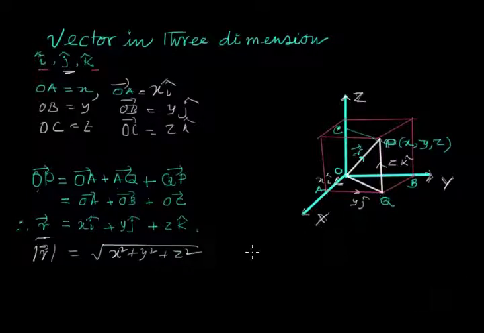How does it come? Look at this picture. Along OX and OY, we have x units and y units, and this triangle OAQ is a right angle triangle.